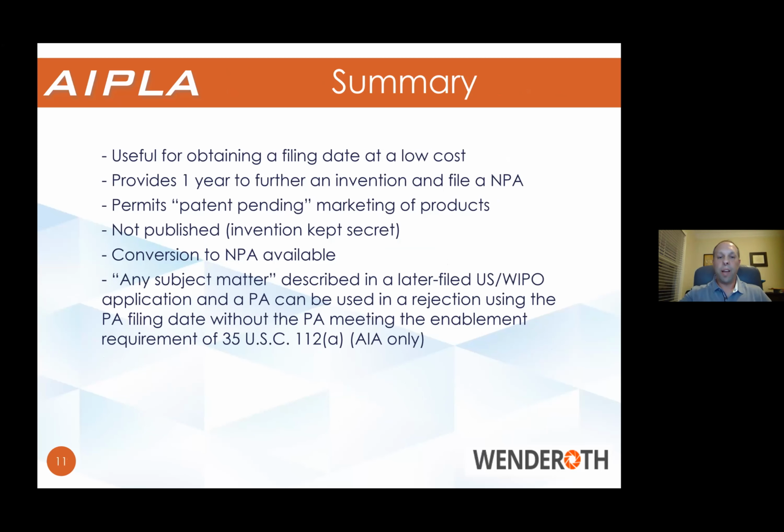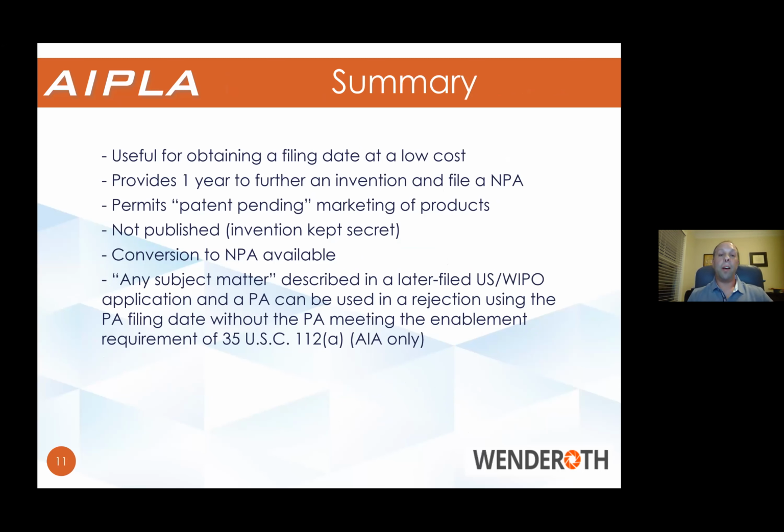So I'm making good time here. So in summary, the provisional application is useful for obtaining a filing date at a low cost. All you have to do is pay the filing fee, no examination, search fees, or claim fees required.